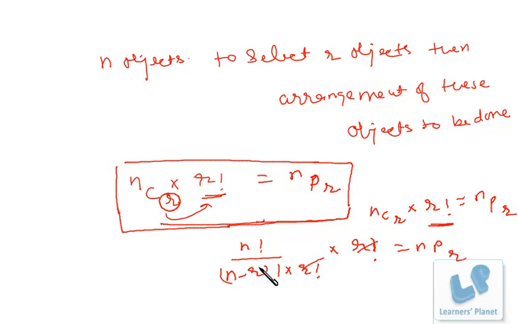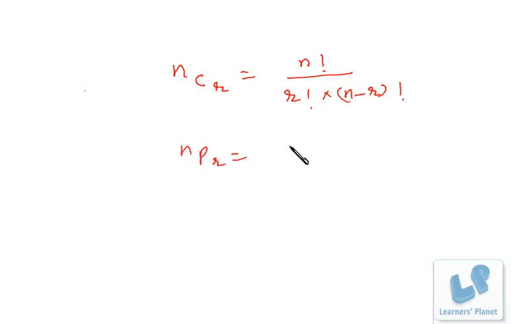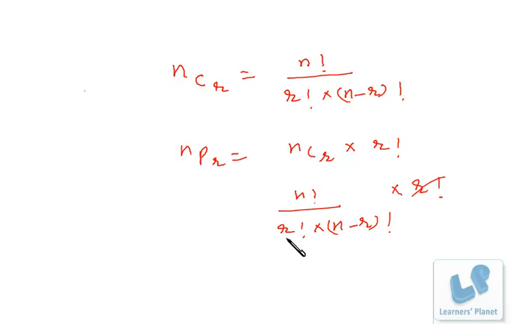I just rewrite both the formulae. nCr is equal to n factorial by r factorial into n minus r factorial, and nPr is equal to nCr into r factorial, so it is n factorial by r factorial into n minus r factorial into r factorial. So it's n factorial by n minus r factorial.